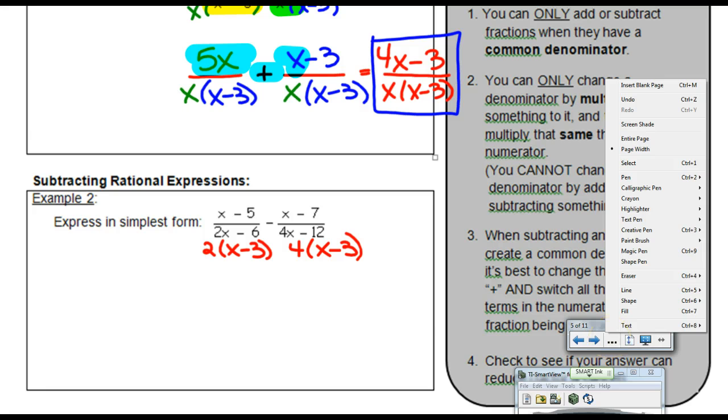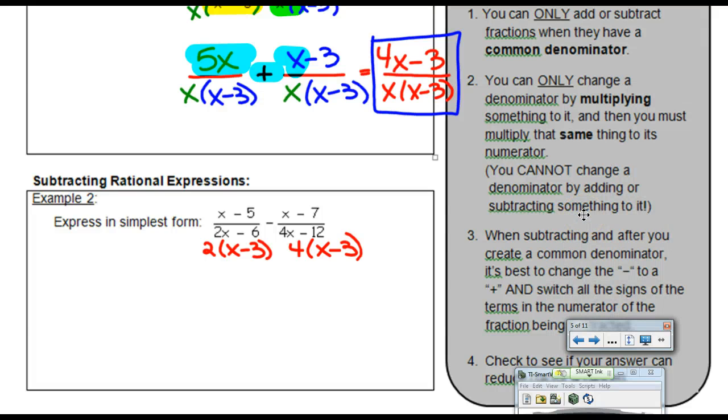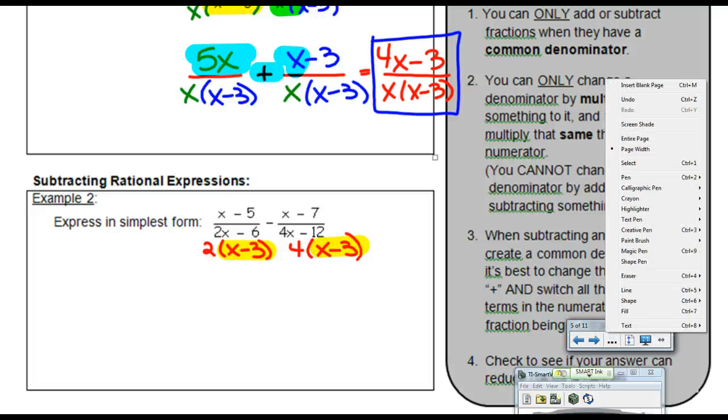So we have a 2 and an x minus 3 in the one denominator. We have a 4 and an x minus 3 in the other denominator. Now they both have an x minus 3 factor in each. That means that is definitely going to be part of our least common denominator. The only thing that we need to do is the 2 and the 4, we need to create a common denominator with that.